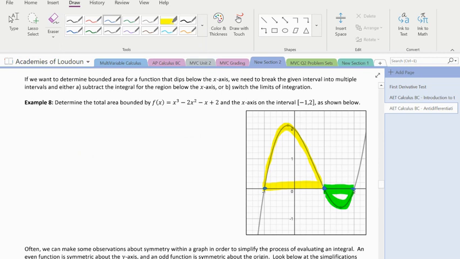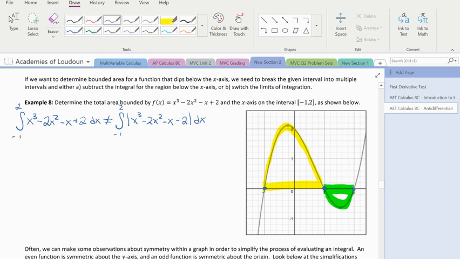So we cannot just simply say the integral from -1 to 2 of x cubed minus 2x squared minus x plus 2 is equal to the integral from -1 to 2 of the absolute value, because we need to take into consideration the fact that the area below the x-axis is going to be negative.